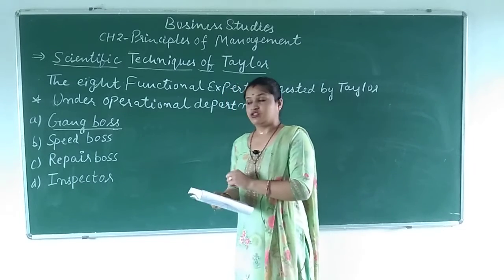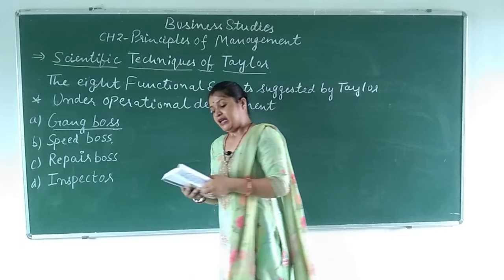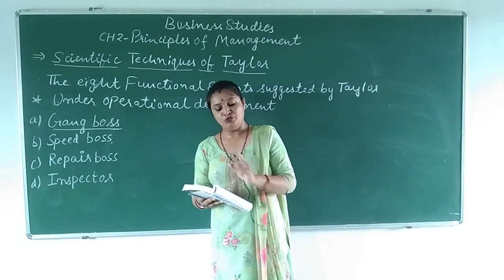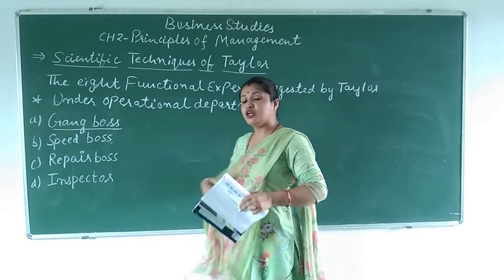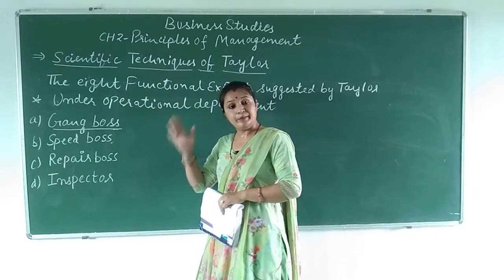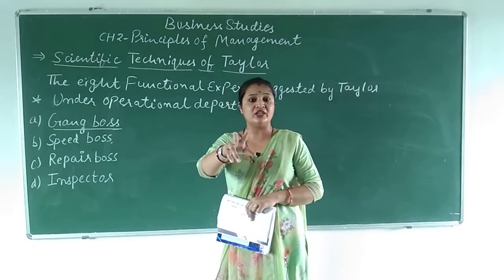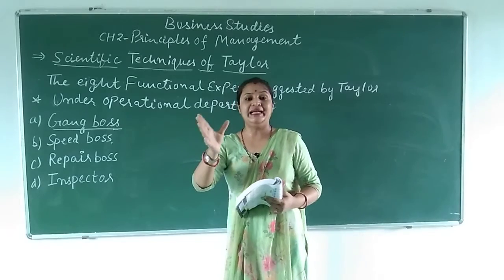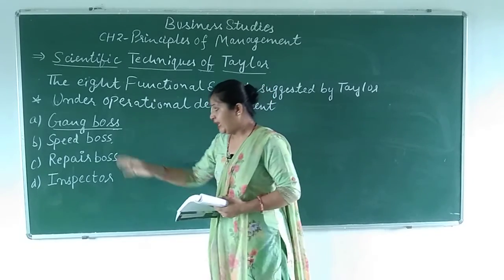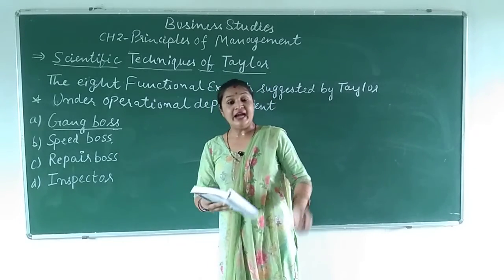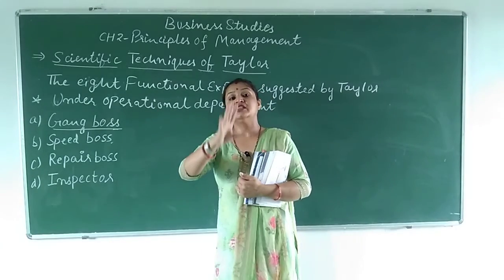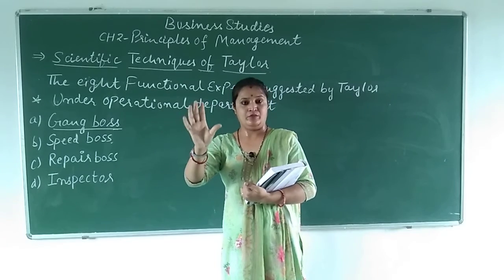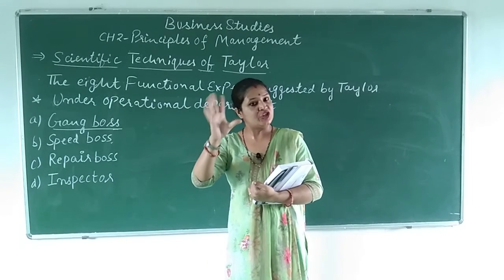Now the second one is speed boss. Speed boss means this foreman assures timely completion of the job. In the planning department, we discussed the time and cost clerk, who sees that the work should be completed in time. Here the speed boss sees that the work is done in a fixed time, from the start to the completion of the work.